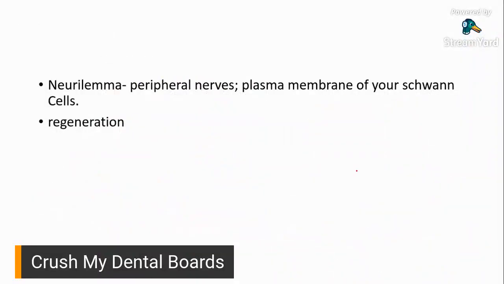Here, I typed it in. So it's the plasma membrane of your Schwann cells. In any nerve injury of your peripheral nerve, if the neurolemma is intact and the main cell body of your Schwann cell is also intact, then there is a possibility for that nerve to regenerate.